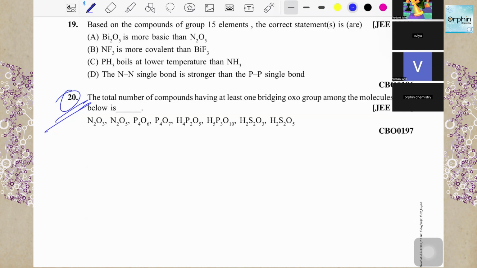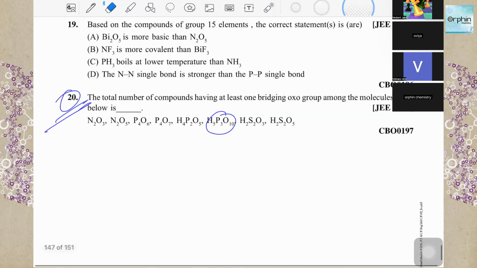Yes, sir. Okay, solve this one. Question number 20. Except this case. But you have to make the 20. You have to make this structure, na? You can do that. Wait.